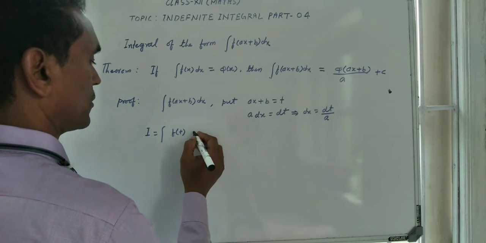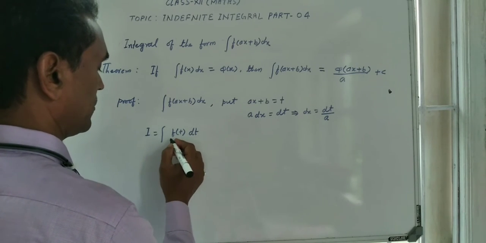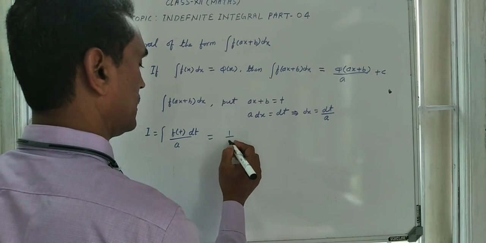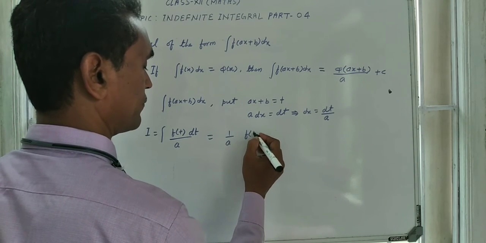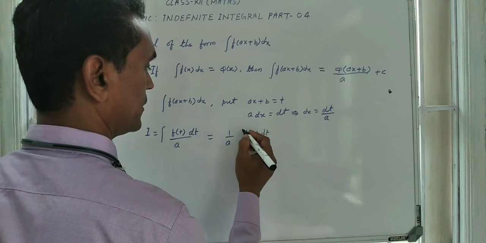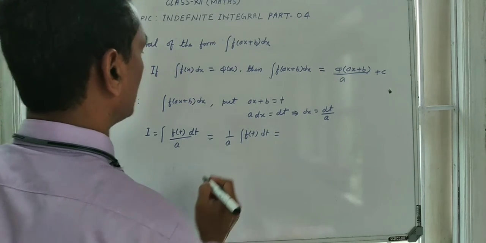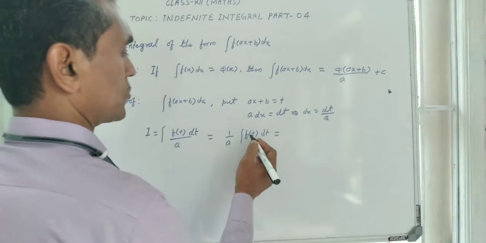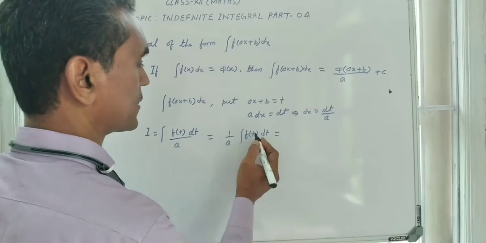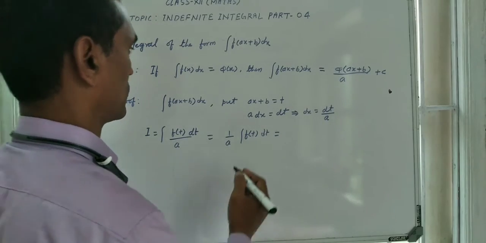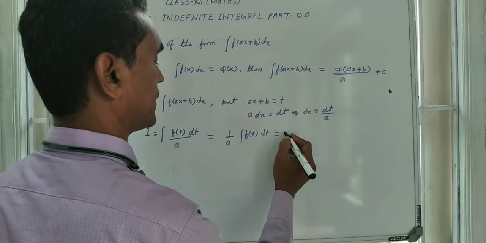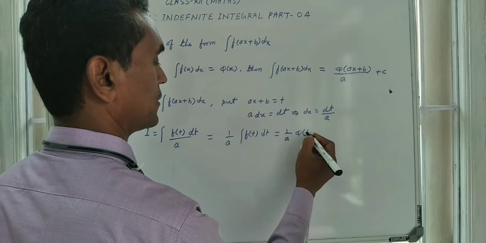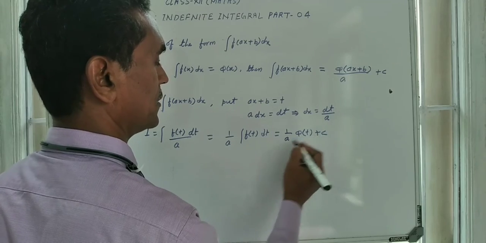So dx equal to dt by a. So 1 by a integral of f t dt, and the integral of f x is phi x, that is given. So here the same function, only the variable has changed. So accordingly we can write here 1 by a phi t plus c.